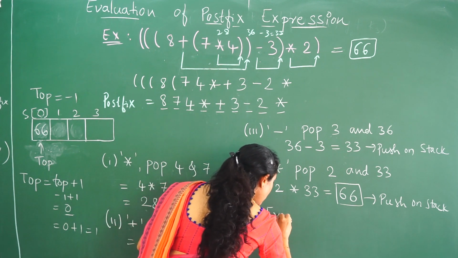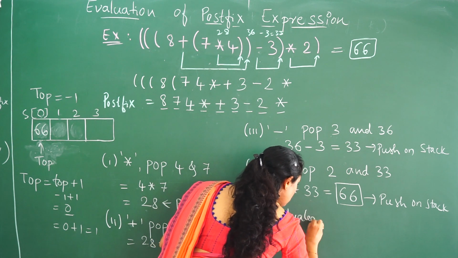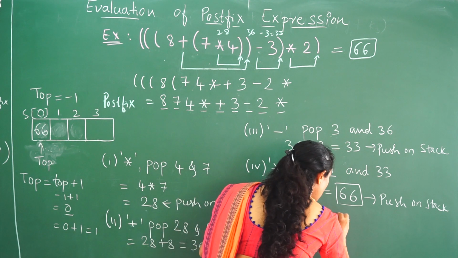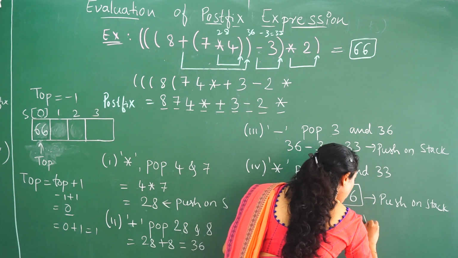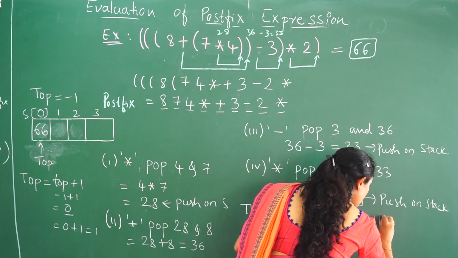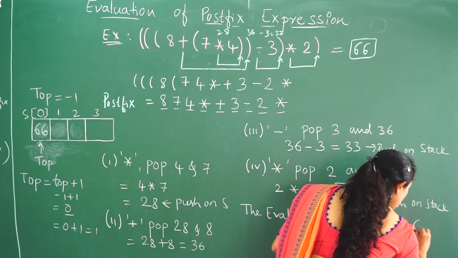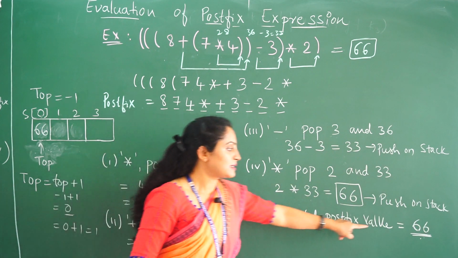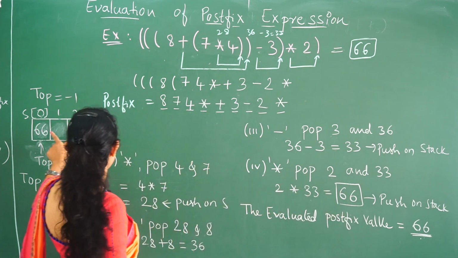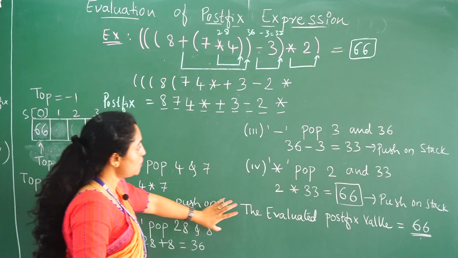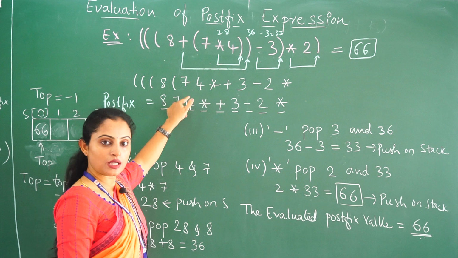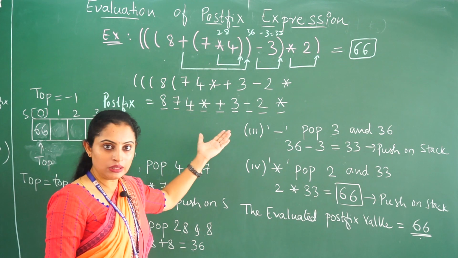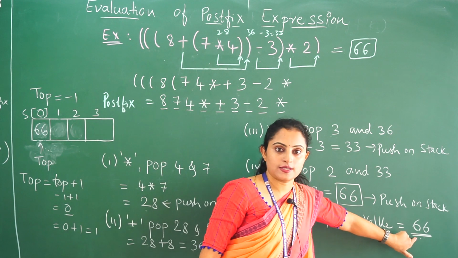So the evaluated postfix value is equal to 66. The evaluated postfix value is 66. So 66 remained in the stack, right? When we evaluated this postfix expression using the stack method, we got 66.